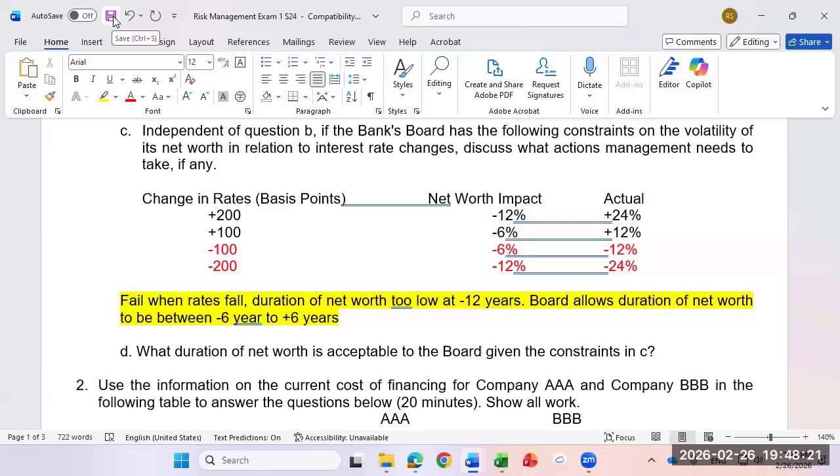Questions on that? All right, so I'm answering C and D together here. The firm or the bank needs to do what? Your duration is too low. What do you need to do with the duration of assets? Increase them or decrease them?